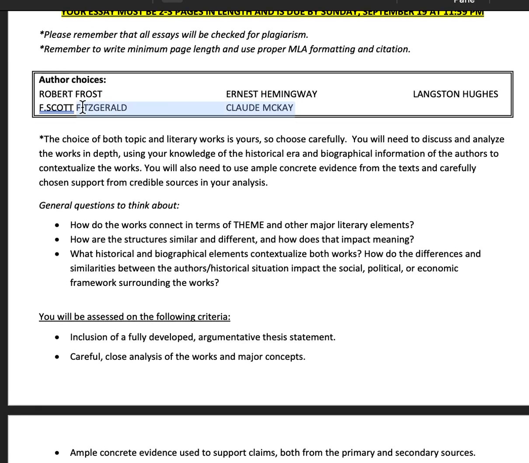So in every one of these works, the author's identity is very integral to the text itself. So someone like Hemingway, dealing with post-war trauma, dealing with the expat life in Europe, in Hills Like White Elephants, is a very specific and unique experience that he's parlayed into that text. Same thing with Fitzgerald or McKay or Hughes. So think about how that identity or that historical situation influences the meaning of that work.